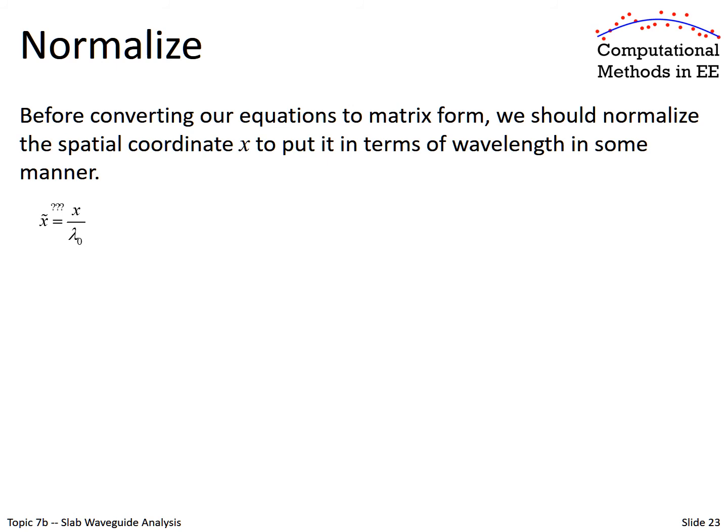And so we don't want this kind of range of numbers in our model. So what is normally done is we take our dimension x and divide by the wavelength. So now everything is in terms of wavelengths. And our slab waveguides, the dimensions of that are almost always on the same order as the wavelength. So this x tilde now will be a number like 0.5 instead of being 10 to the minus 6 if the physical device is in microns. So we want to use these normalized coordinates in our model that we're developing.